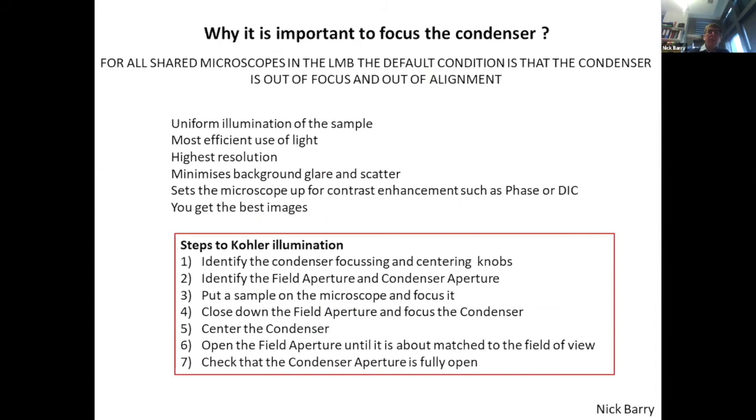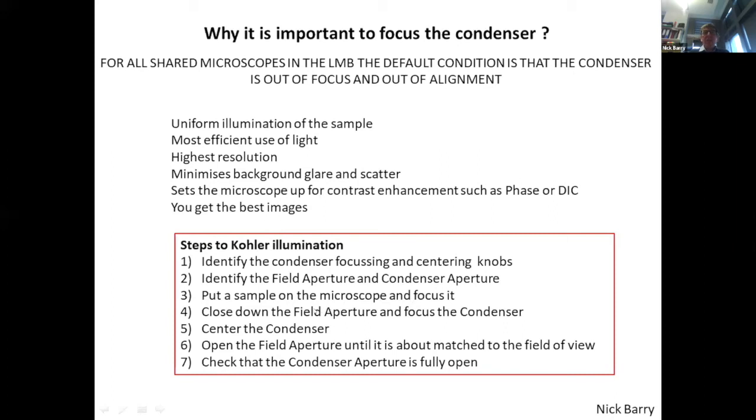So typically we use something called Kohler illumination, and what that requires you to do is to identify some of the parts of the condenser optics, so the condenser focusing knob and the centering knob. And then there's usually some iris diaphragms, a condenser aperture and a field aperture, which you need to adjust as well. But first of all, you've got to put a sample on the microscope and focus it.